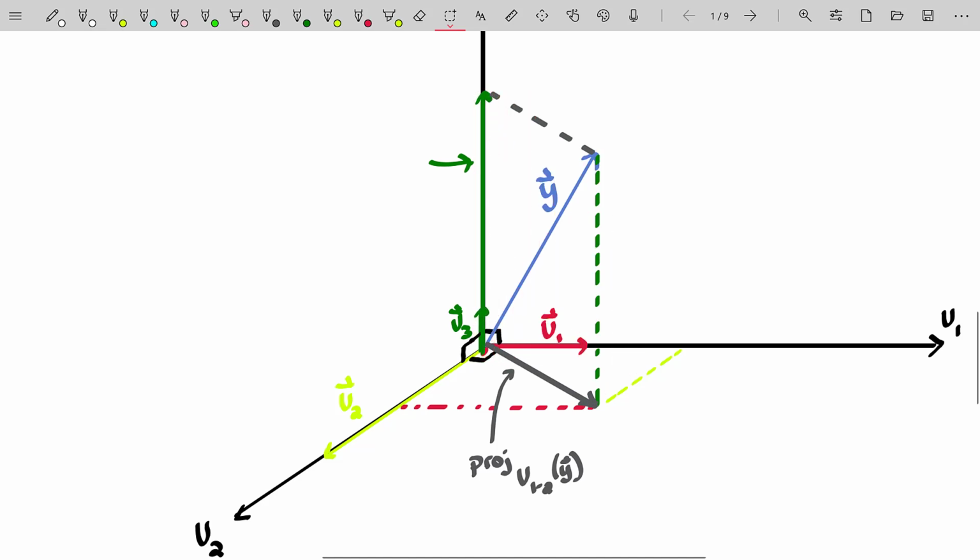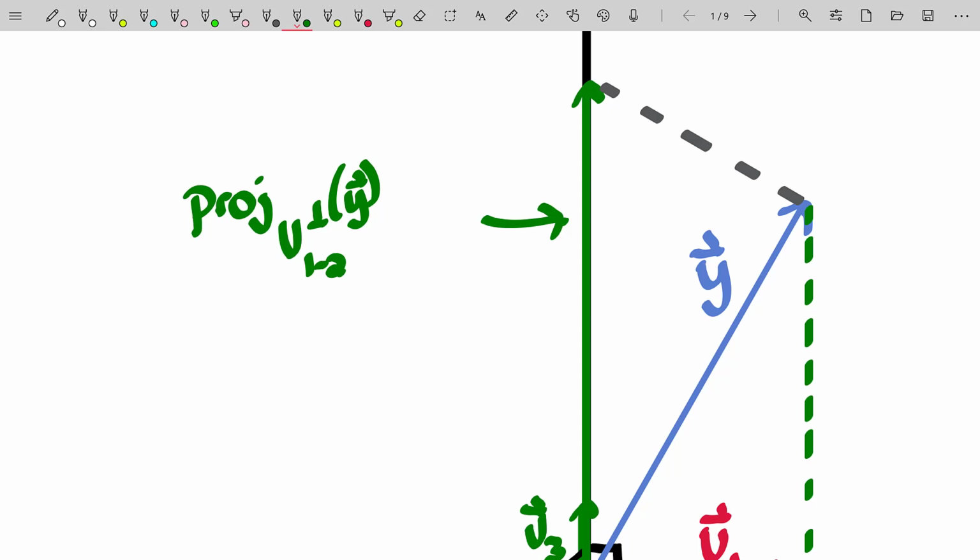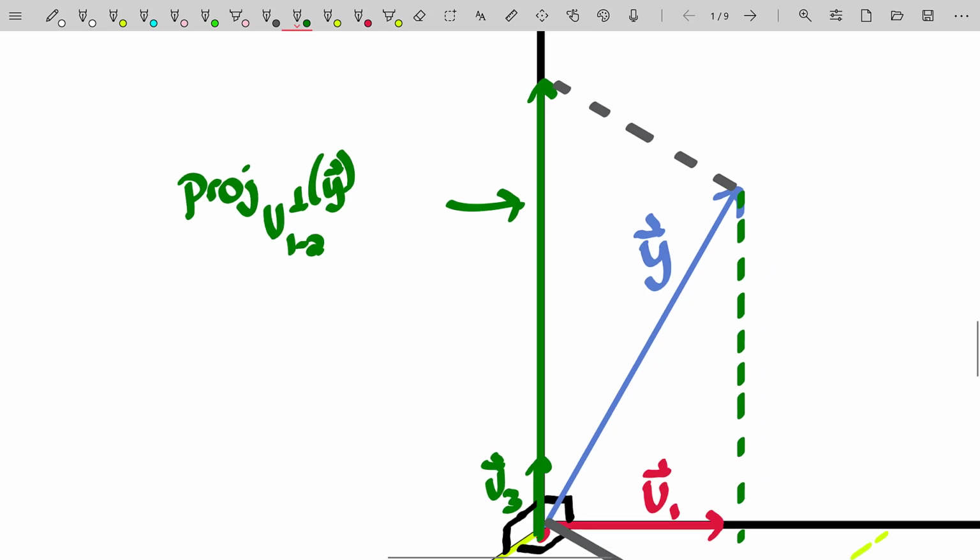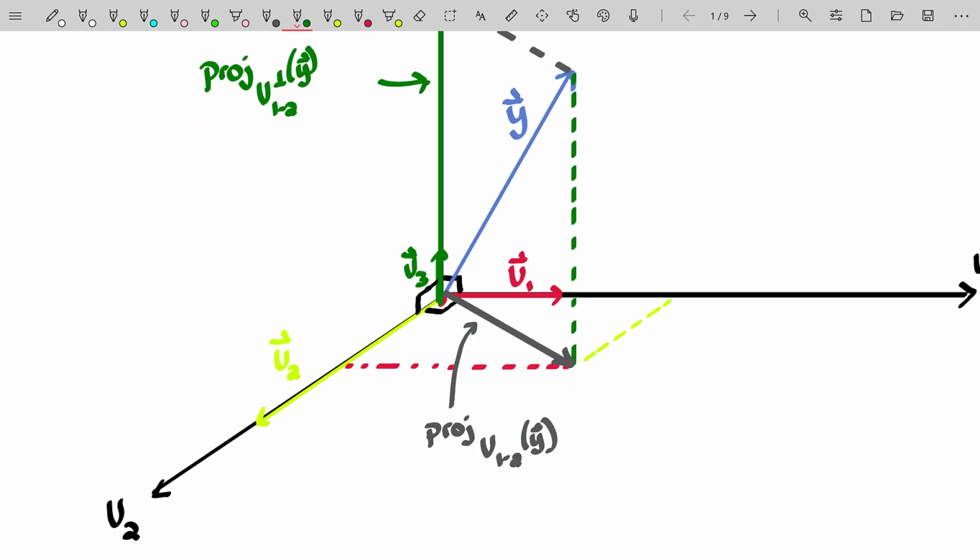But that shadow cast into the perpendicular space, or the orthogonal space, that is actually called the projection of y onto the space orthogonal to u sub 1-2. That's how I'm going to call it because, well, it is technically orthogonal to the space spanned by the vectors u sub 1 and u sub 2.